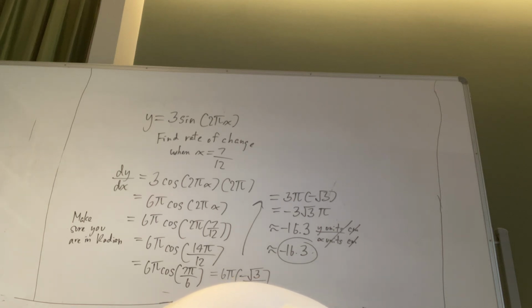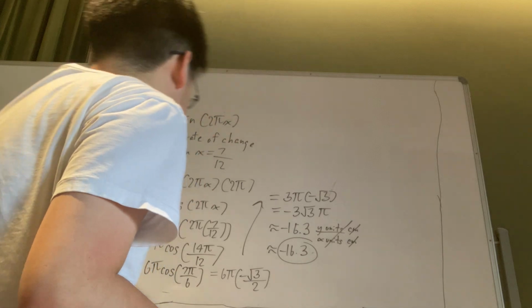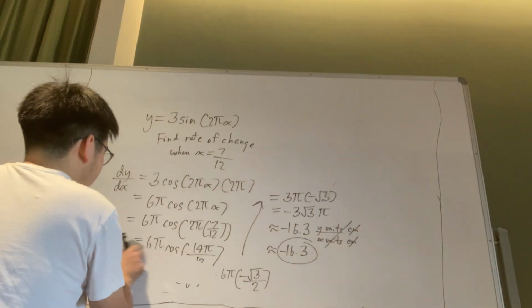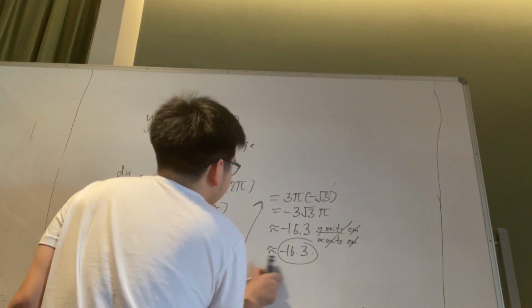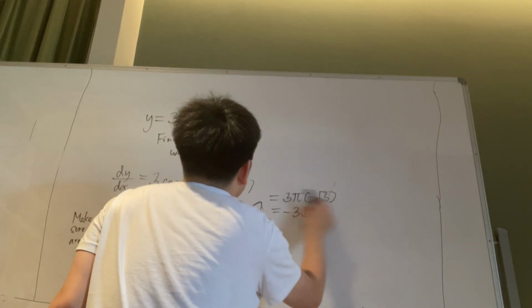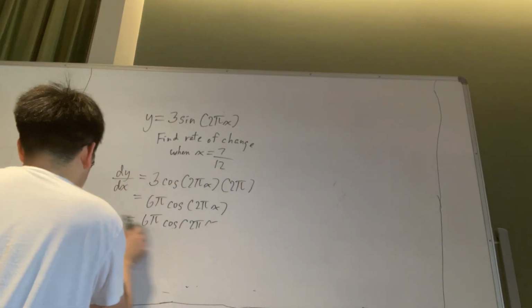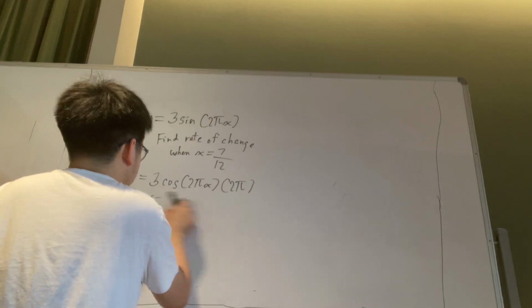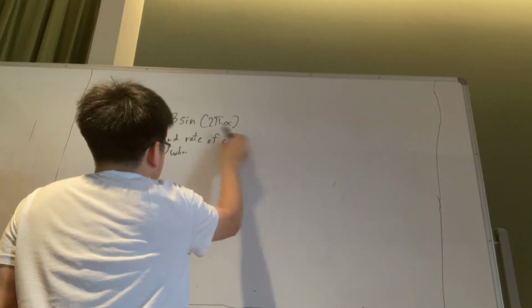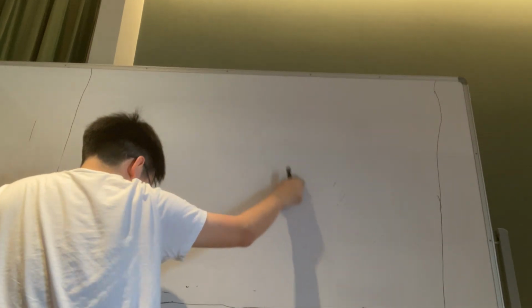Okay, and the last one, this will take time because it's an optimization problem, which basically means critical points apply to word problems. There's a cuboid, which means it's almost a cube, but not quite.